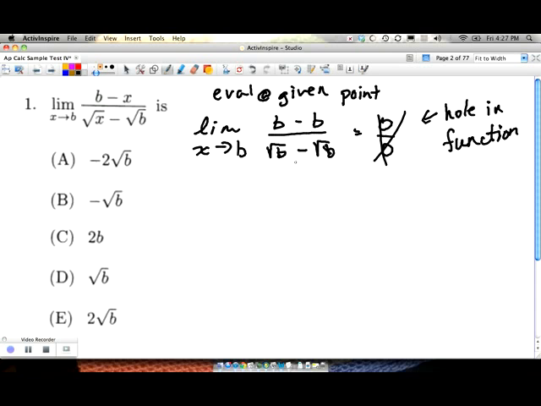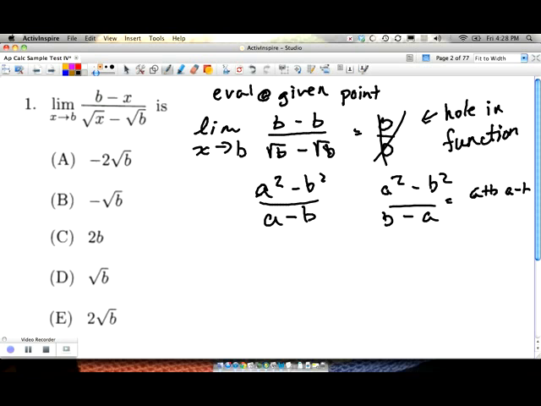Well, you guys probably have some instinct telling you something about a squared minus b squared over a minus b. We've seen stuff like this. We've even seen a squared minus b squared over b minus a, where the top is going to be a plus b and then a minus b, and on the bottom we have b minus a, but we're going to take out a negative, and then we'll have an a minus b down here.